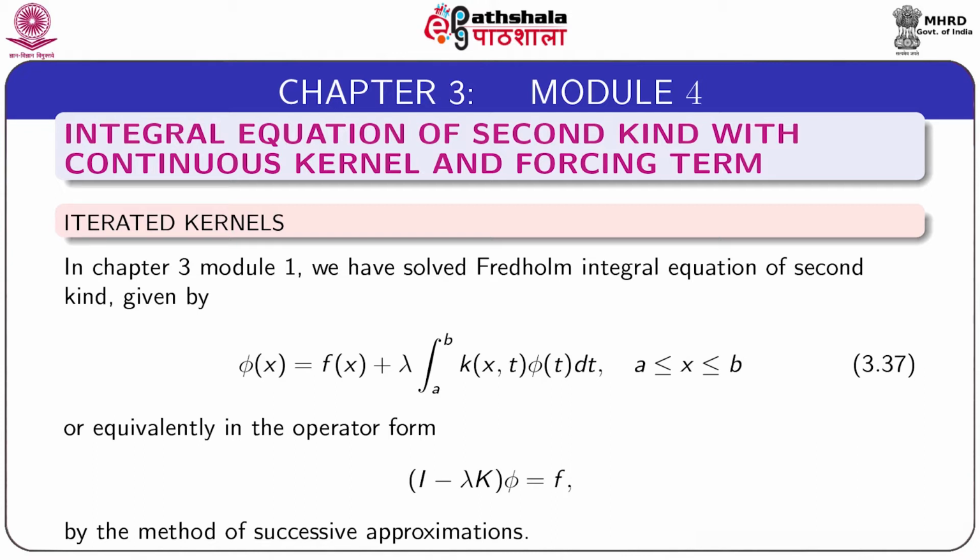Here it has been mentioned before that I is the identity operator and K is the integral operator, which is given by integral a to b K(x,t) phi(t) dt. And we have solved this Fredholm integral equation by the method of successive approximations.